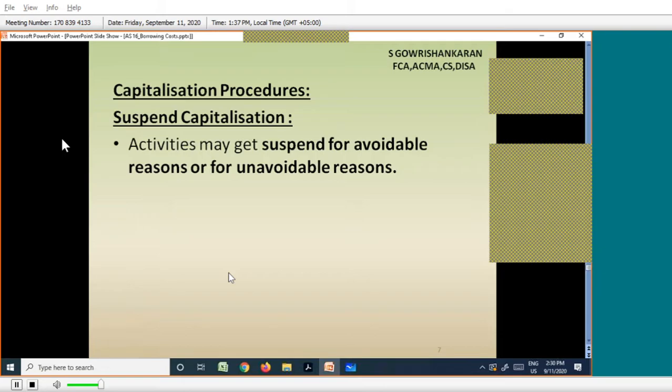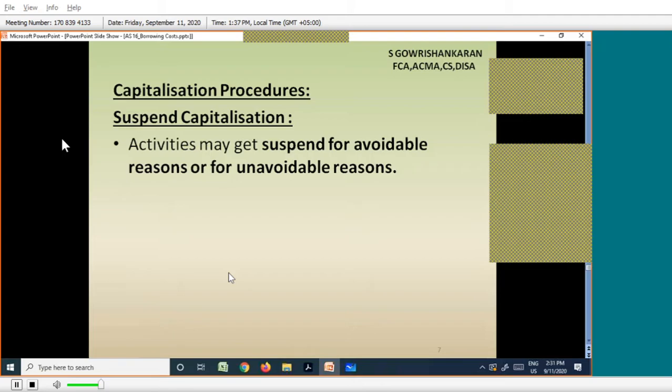For example, there is a flood in the city due to which I'm not able to continue my project. I'm not able to continue my construction for 1 year because it's a natural calamity. Correct? Then is that an avoidable reason or unavoidable reason?